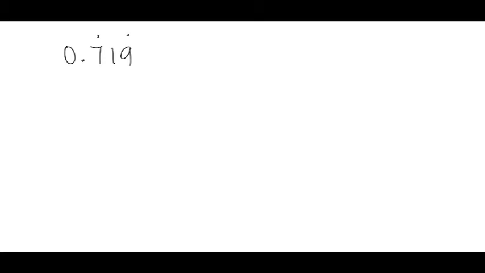Now, I said earlier that 0.719 with a dot above the 7 there, and a dot above the 9 there, means that all 3 digits there, the 7, the 9, and anything between, is included in the recurring number. So this would be, like I say, 719, 719, etc., etc.